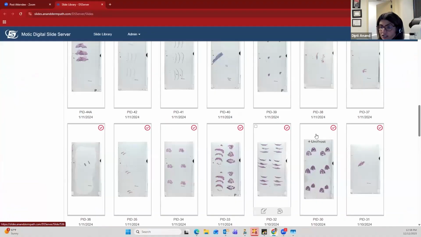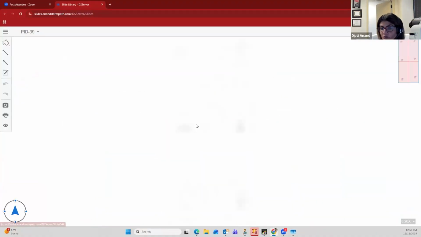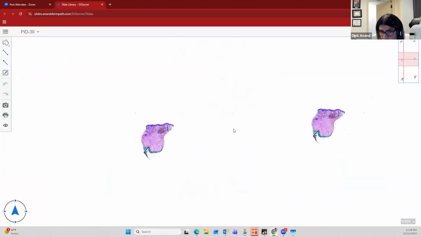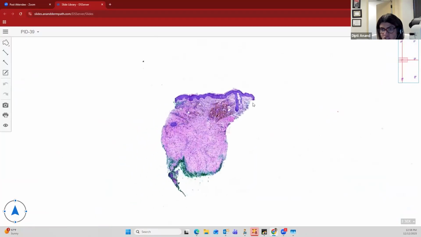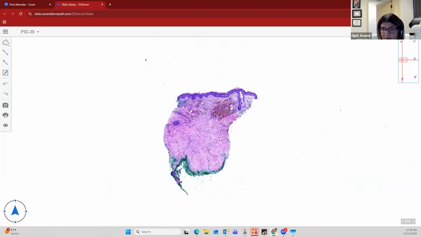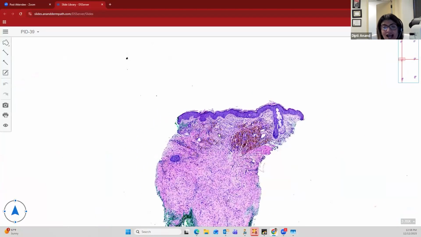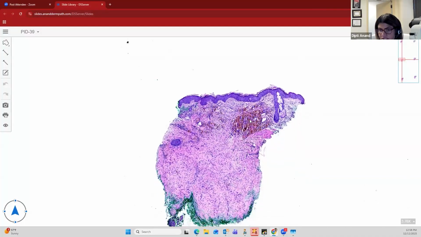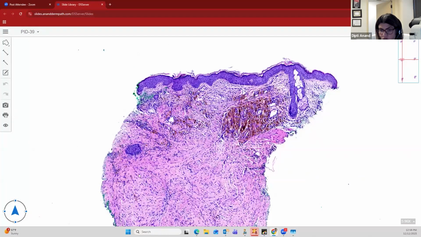Coming to your next, drug-induced pigmentations. The one most commonly asked about is minocycline pigmentation. You know that minocycline pigmentation is type 1, 2, and 3. Type 1 most commonly occurs in acne scars, and has one pigment, which is hemosiderin, so that stains with Perls' iron. The two pigments are: hemosiderin stains with Perls' iron, and melanin pigment stains with Fontana-Masson. So type 1 minocycline pigmentation typically occurs in the background of a scar.